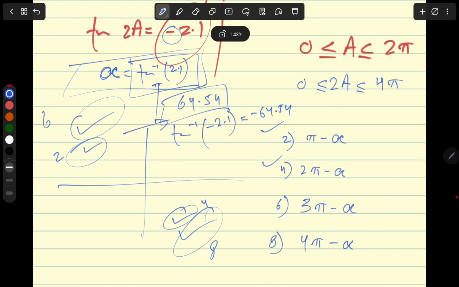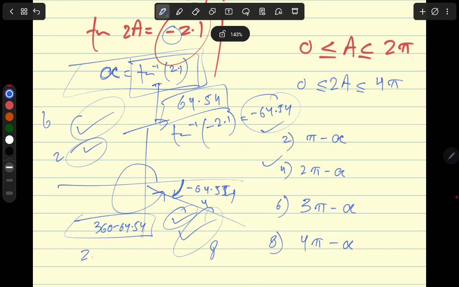But if you put in the negative, the calculator is going to give you a negative 64.54 value. So this negative 64.54 is the same as 360 minus 64.54 in the positive fourth quadrant. So negative 64.54 and 295.46 are one and the same in degrees, right?